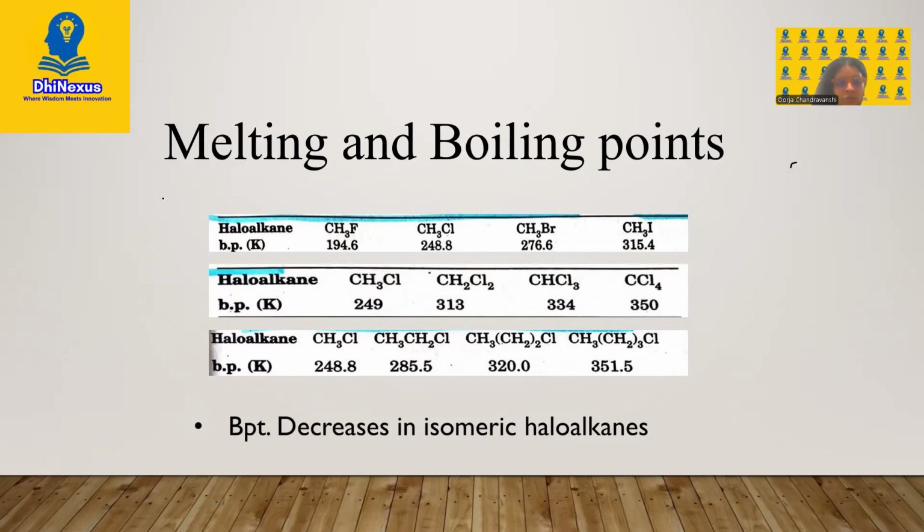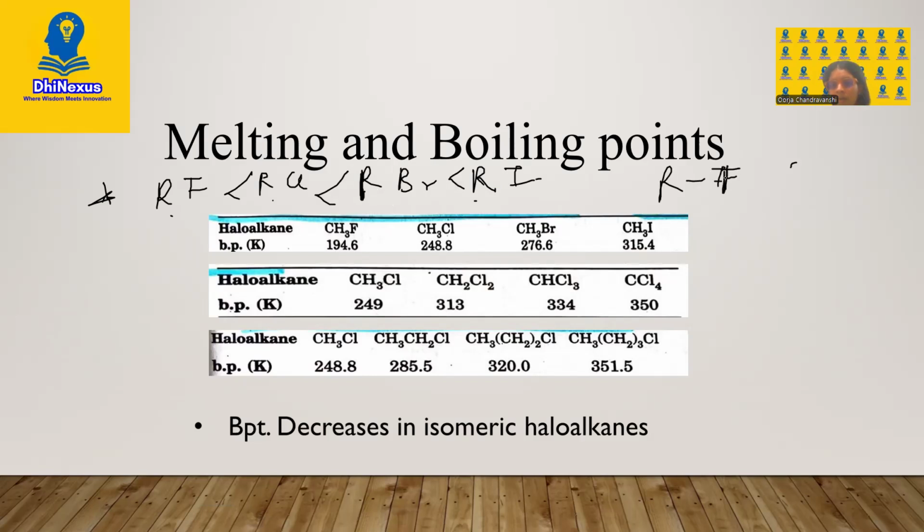And if I talk about RF, RCl, RBr, and RI, that is, fluoroalkane, chloroalkane, bromoalkane, and iodoalkane, what will be the boiling point? We observe that the iodoalkane has the highest boiling point, then bromoalkane, chloroalkane, and fluoroalkane. What is the reason for this? Some of you may think that the RF bond is quite polar, and hence there will be more attraction.